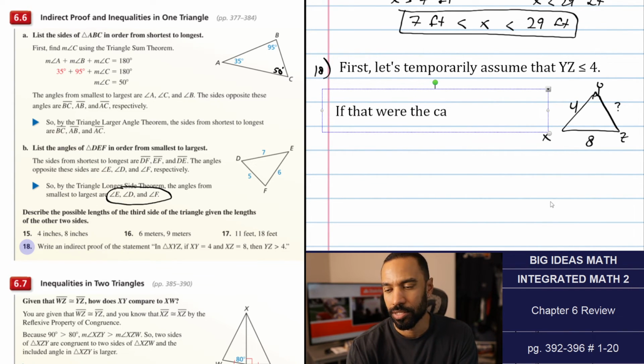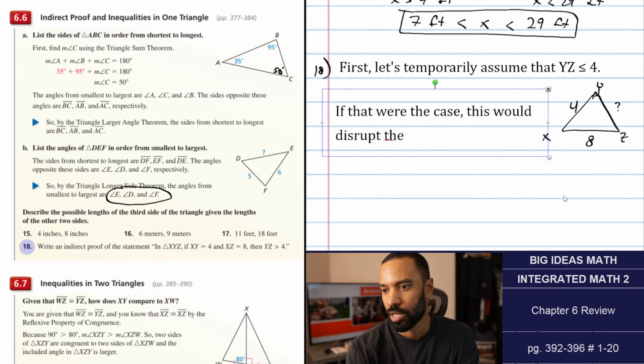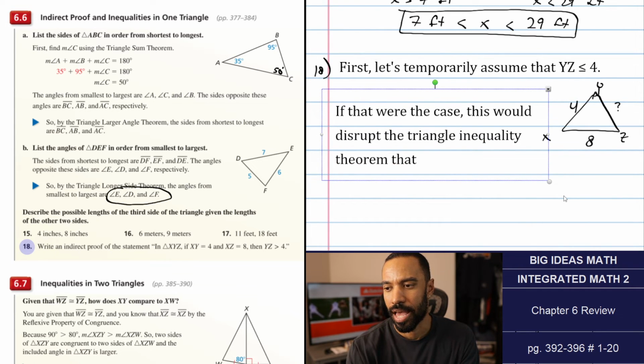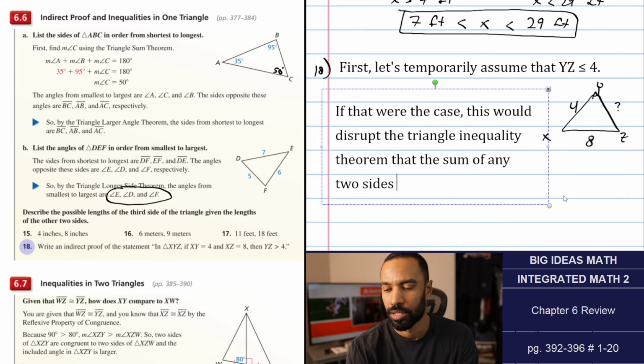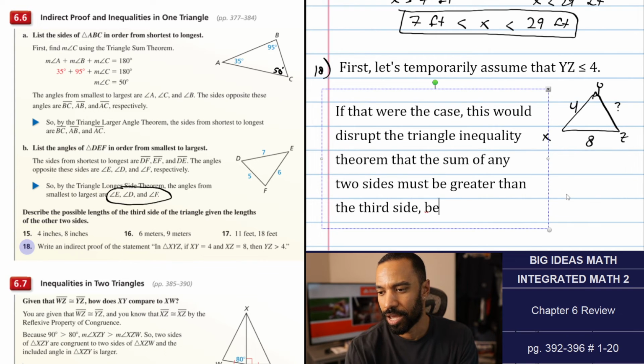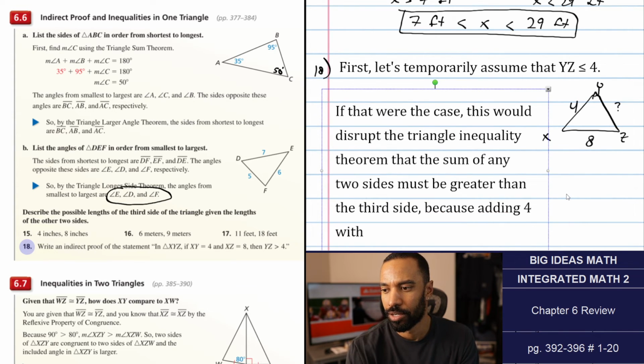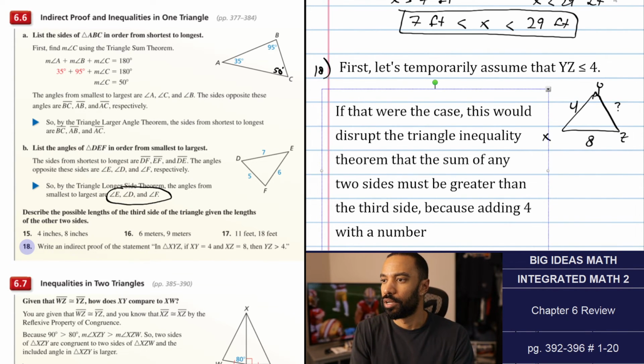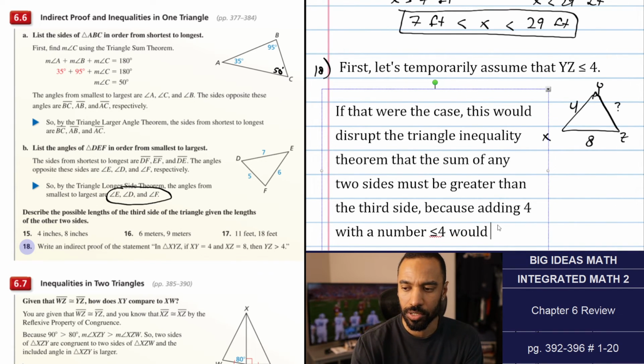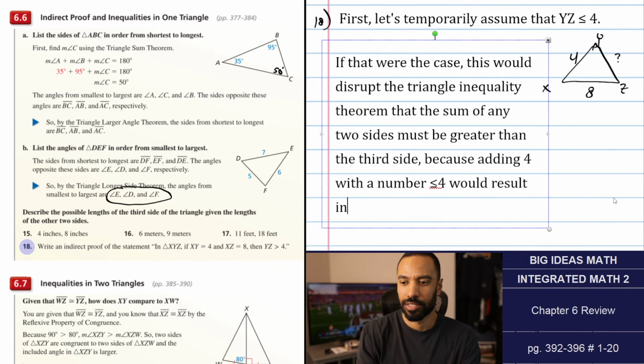If that were the case, this would disrupt the triangle inequality theorem, that the sum of any two sides must be greater than the third side, because adding 4 with a number less than or equal to 4 would result in a number less than or equal to 8.